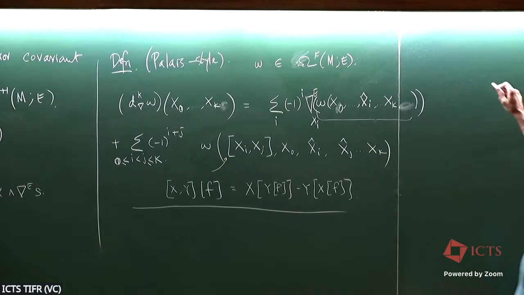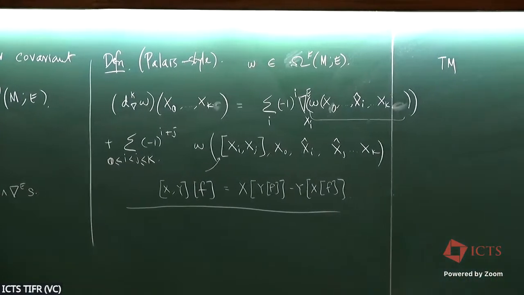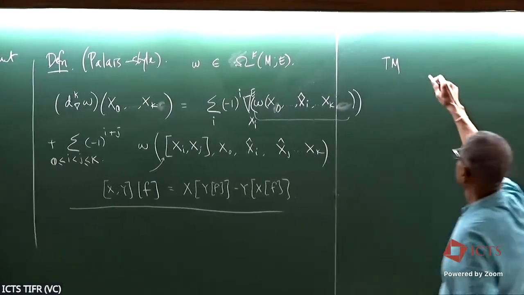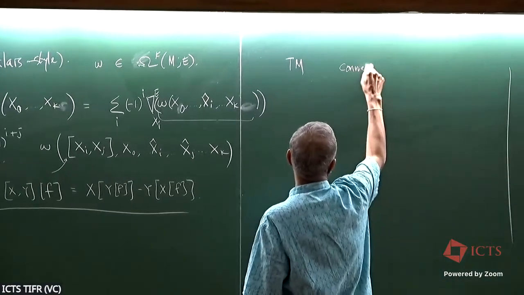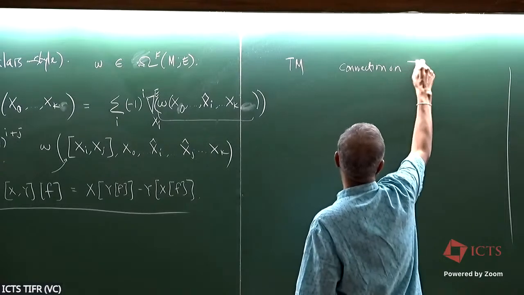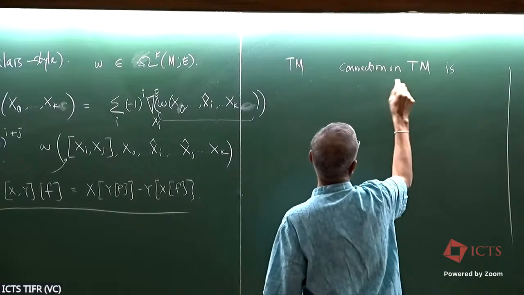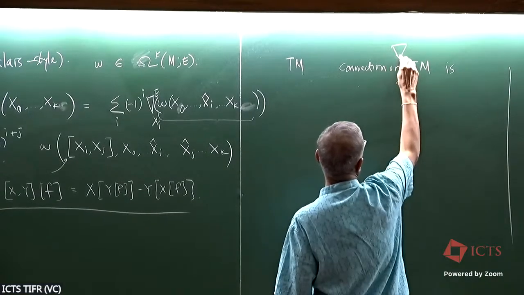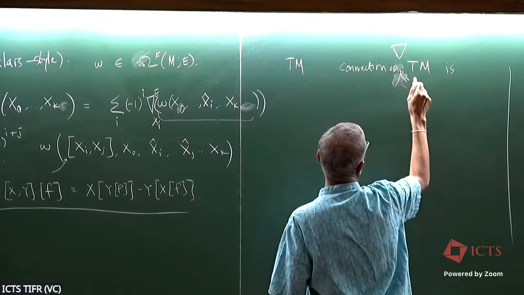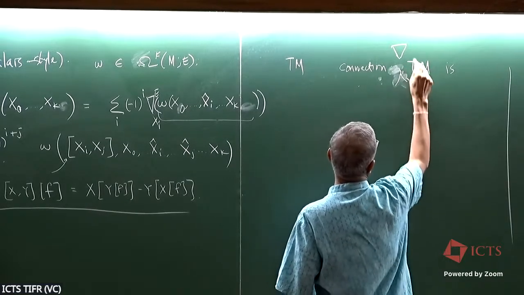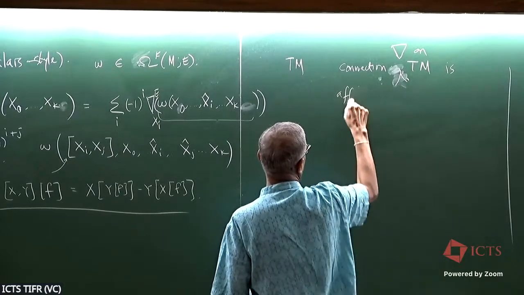So one vector bundle that we use often is the tangent bundle, and a connection on TM is sometimes called an affine connection. Let's call it nabla. A connection nabla on TM is an example of an affine connection.